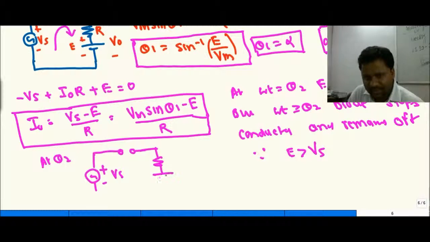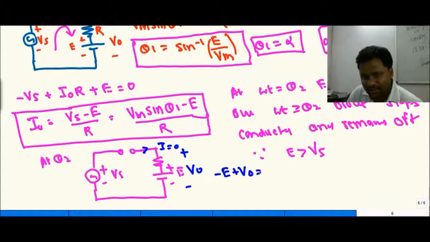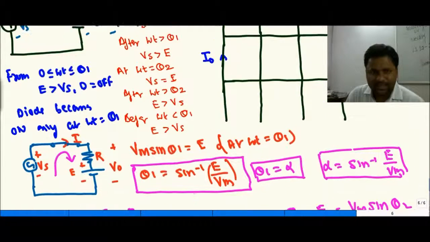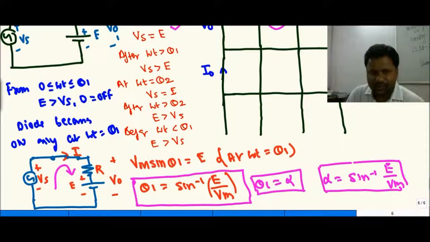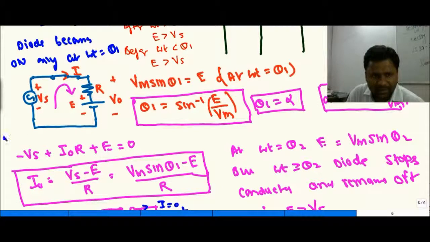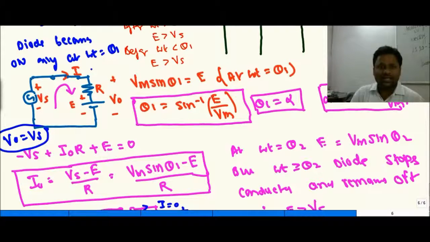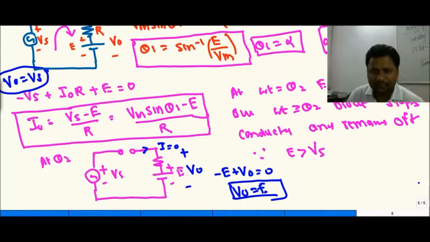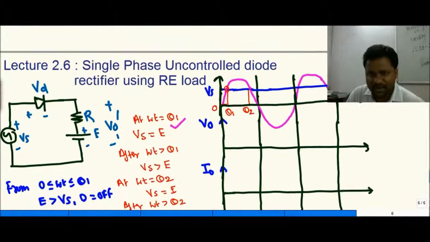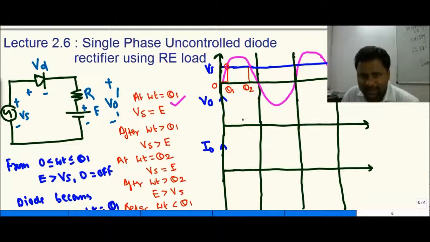This is the resistance, and this is the battery EMF plus minus E. If I draw the output voltage V0, since the current is 0, there is no drop across the resistance, so minus E plus V0 equals 0, and the output voltage equals E. So we have concluded that at omega t equals theta 1 the diode becomes on and the output voltage equals Vs, and at theta 2 the diode turns off and the output voltage equals E. So we can make the waveform of it.